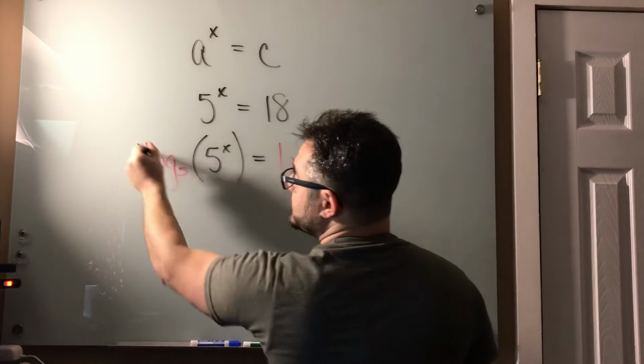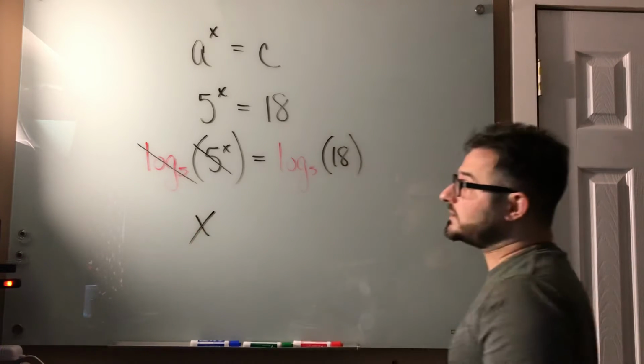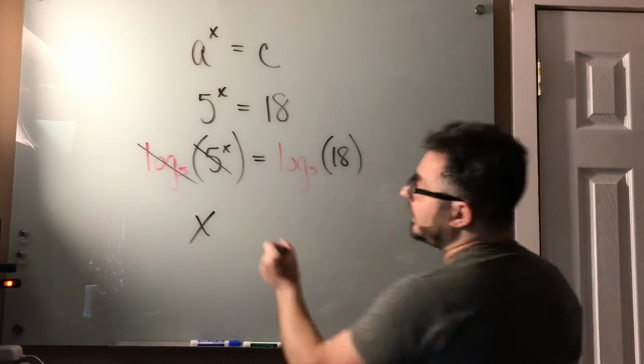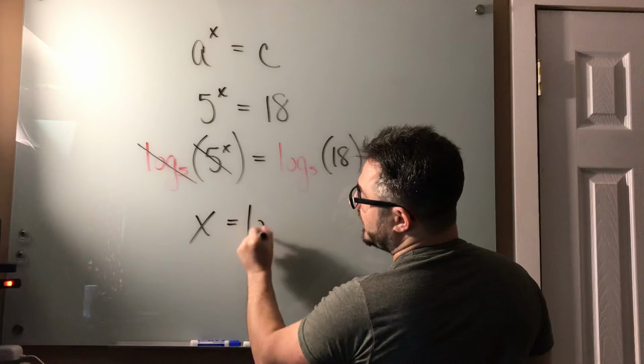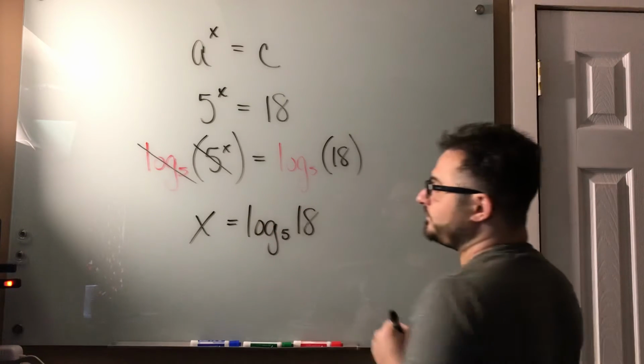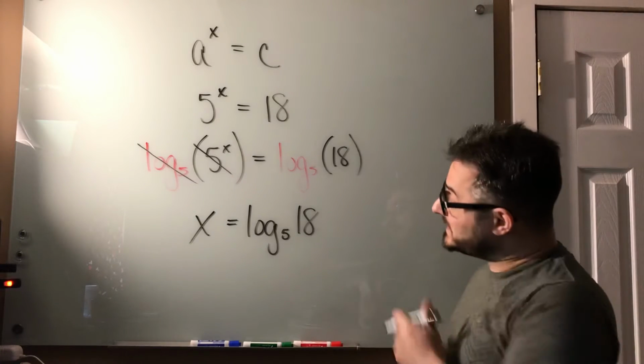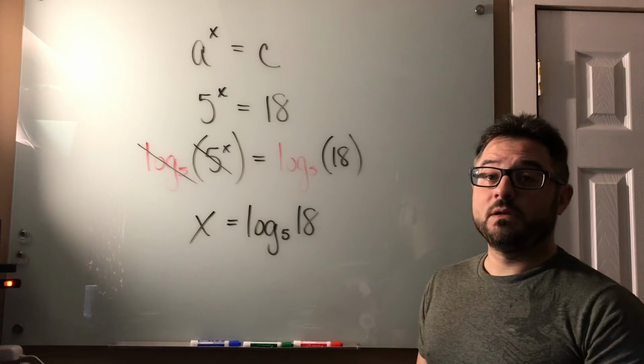The logarithm base 5 cancels with the exponentiation base 5 and leaves us with just the x. And on the other side, we now have logarithm base 5 of 18. And that is the exact form of our solution.